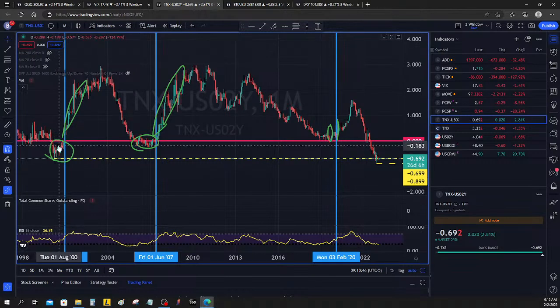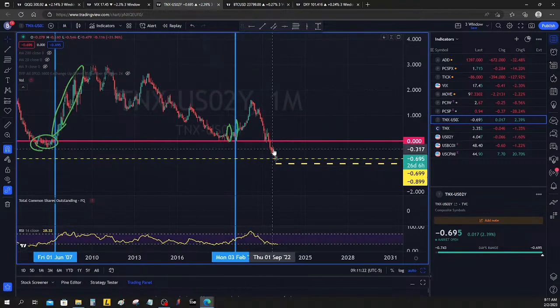For the majority of the time that the yield curve was inverted, in both cases, the yield curve was inverted for about 12 months before the dot-com bubble burst, and about 18 months prior to the housing bubble crash. In both of those cases, the equity markets were bullish. The S&P, the Qs, the Russell, they were all traveling up. It wasn't until about the last 2 months or so that the top was put in on the equity markets.